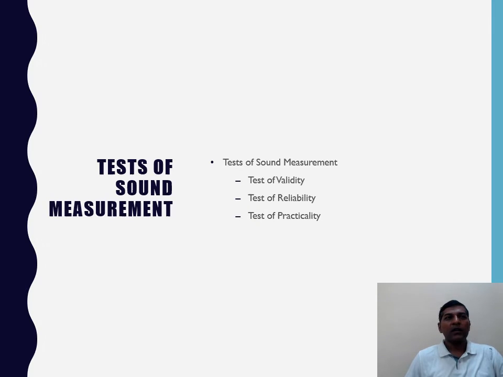Then, tests of good measurement. When we collect information, everybody feels that whatever we have collected is good. But what is good? There must be some scale to define that this particular information is right and correct. The information which is valid should be known as correct information.